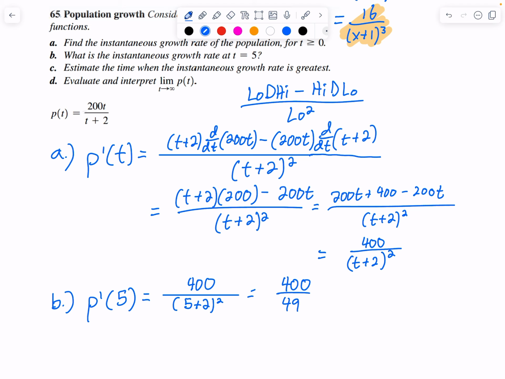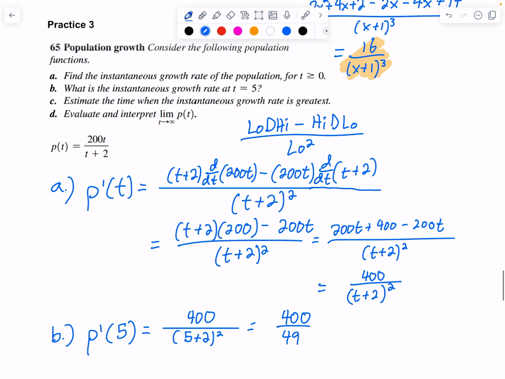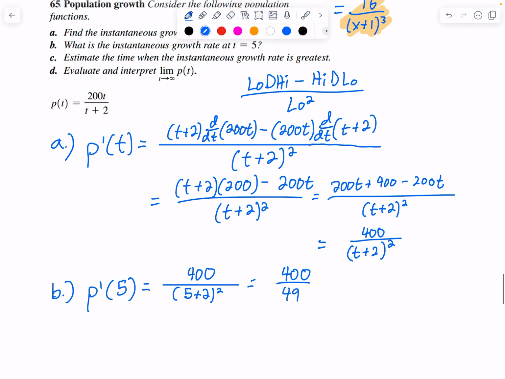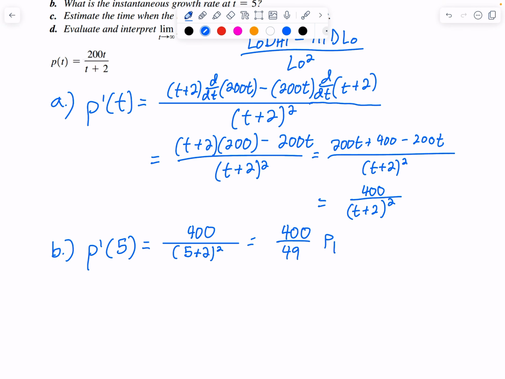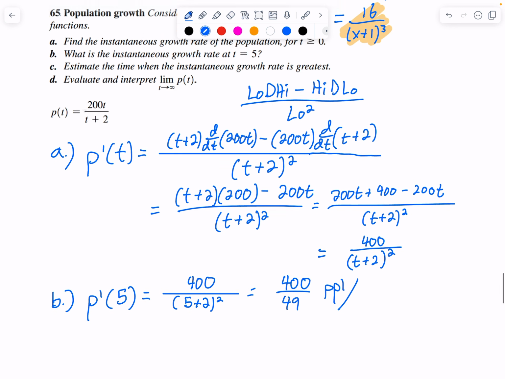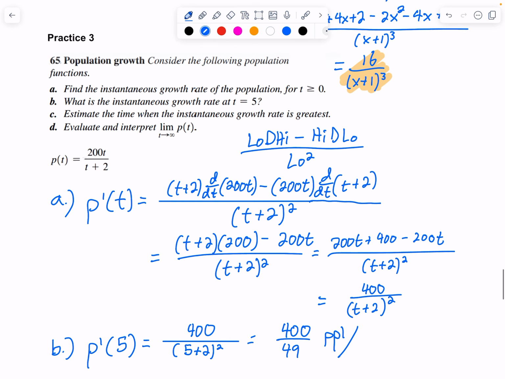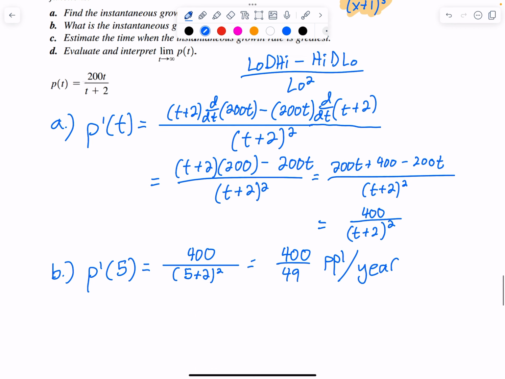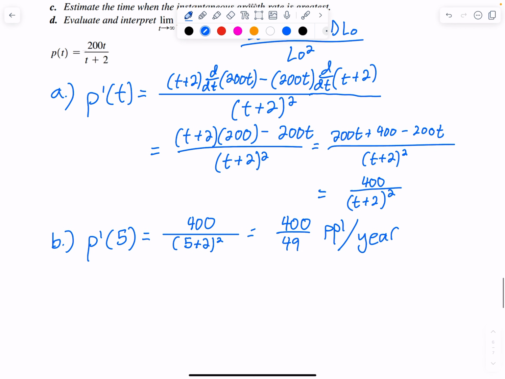I may be off there. No, 7 doesn't go into 400. So it's 400 over 49, and that is a population growth. They didn't even say what time is, so people per year maybe, if we're talking population. Maybe, but the 400 over 49 is good.